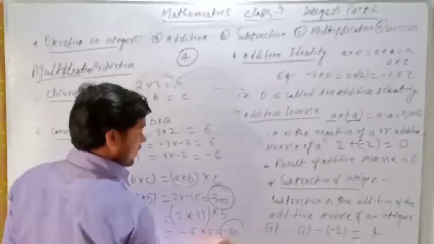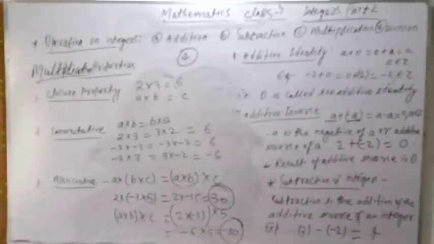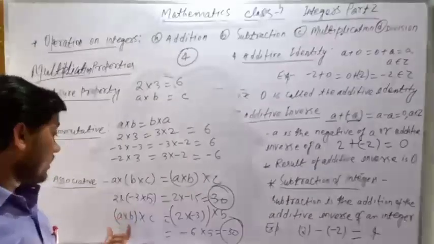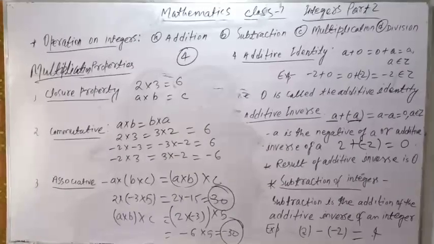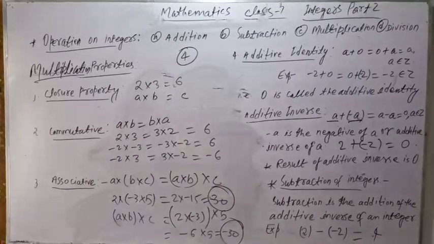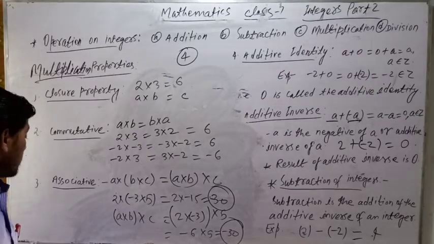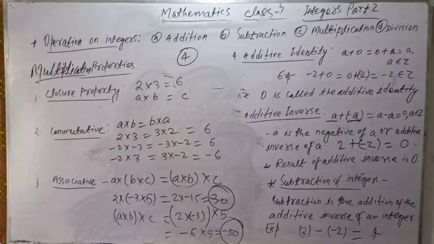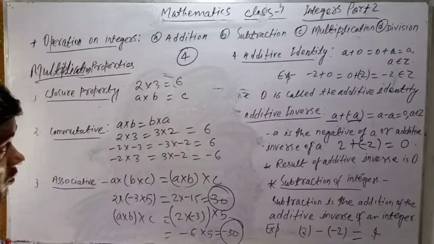Here we are getting the same result in the LHS and in the RHS. So we can say integers are closed under multiplication, and follow the associative property, commutative property and closure property.